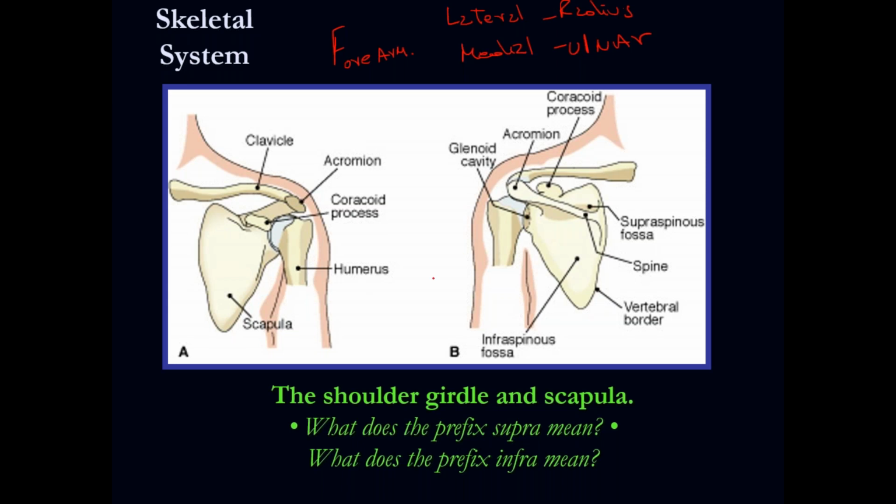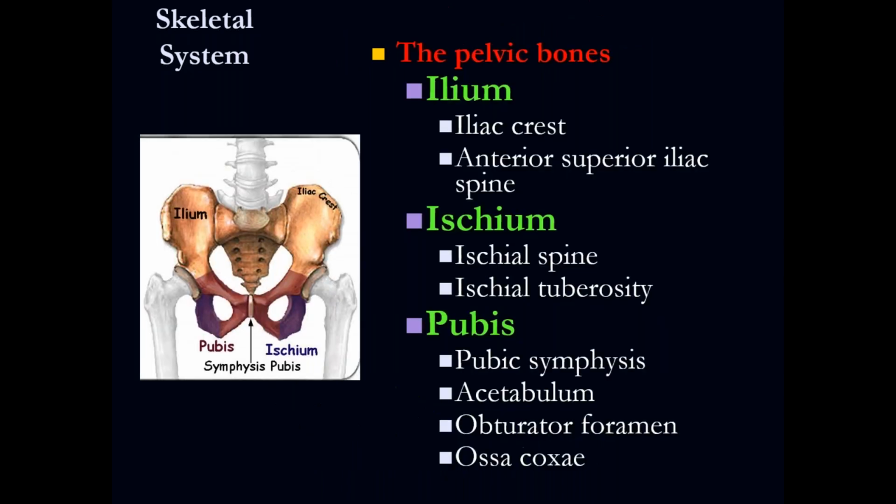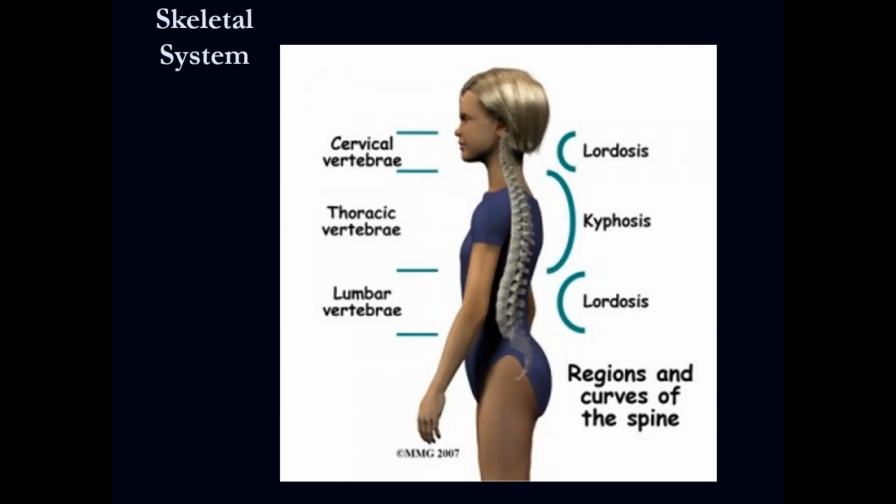So remember always your anatomical position. Remember ulna: in the anatomical position, the U is under the radius. That's how you can tell which is which bone. All right, so that is about the skeletal system.